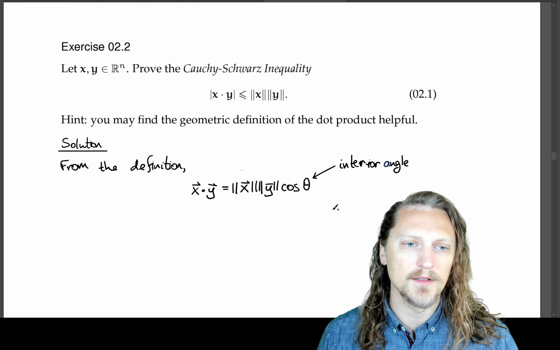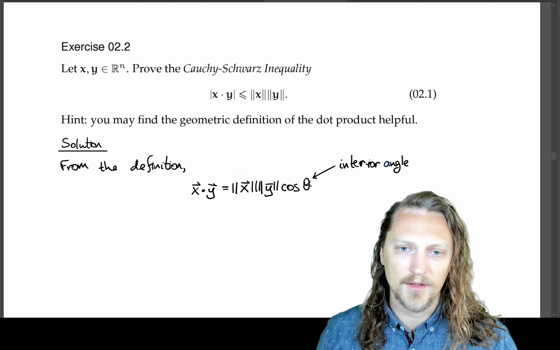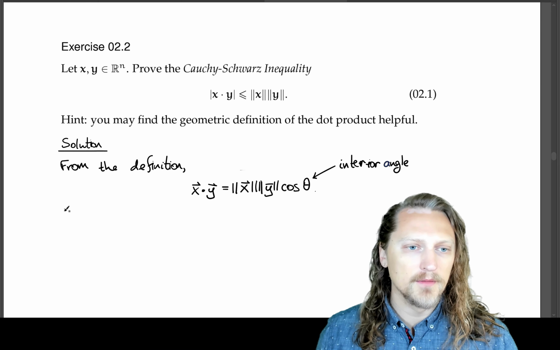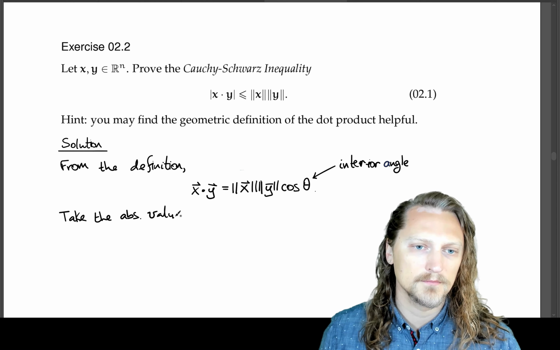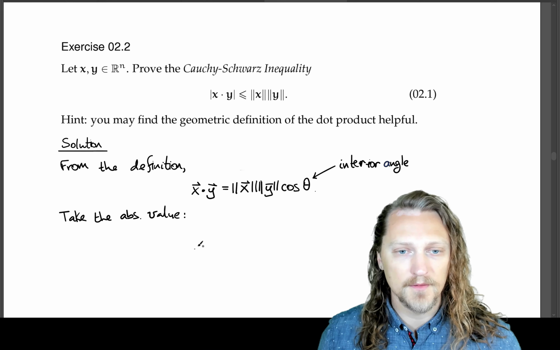So that is the geometric definition of the dot product. Let's take the absolute value of both sides of the equation.